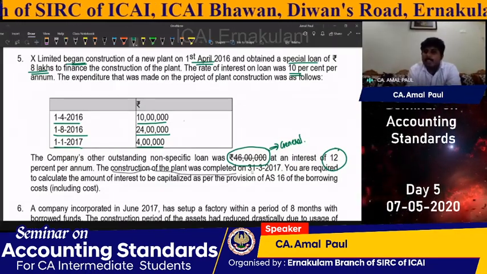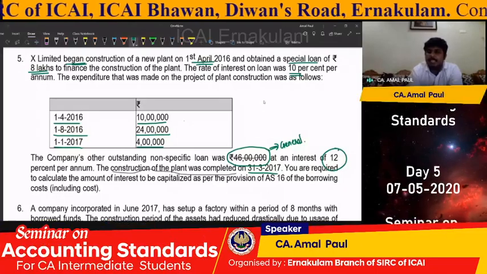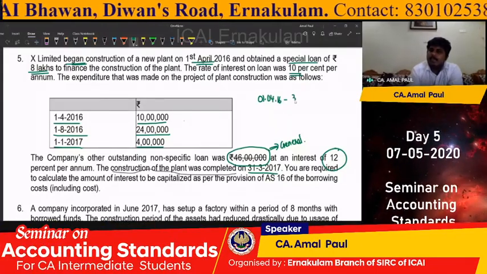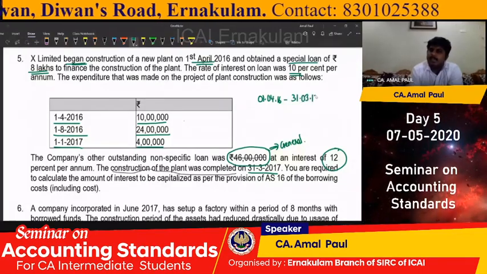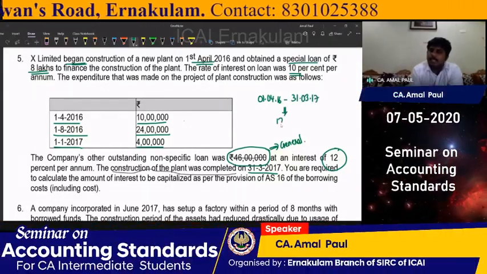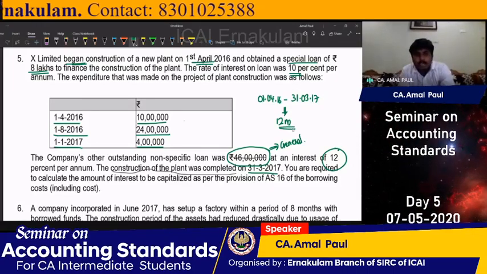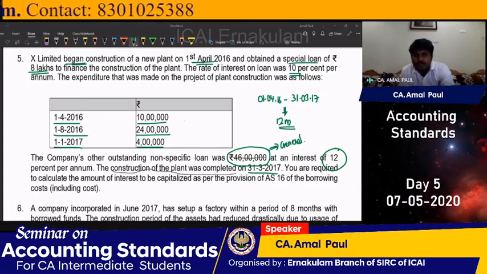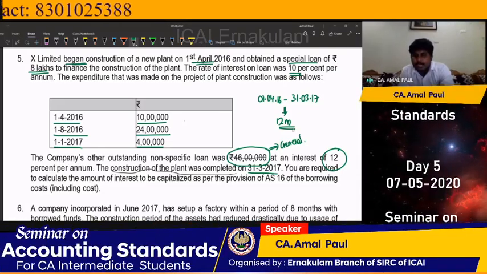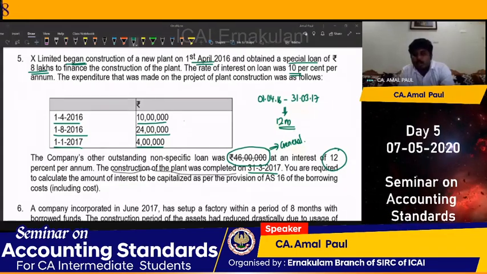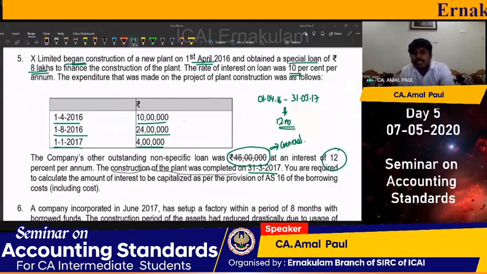Construction of this plant was completed on 31/3/2017. That is 1/4/2016 to 31/3/2017, a 12 months period. We will consider it as a qualifying asset. You are required to calculate the amount of interest that can be capitalized as per the provisions of AS 16 on borrowing cost, including the total cost.